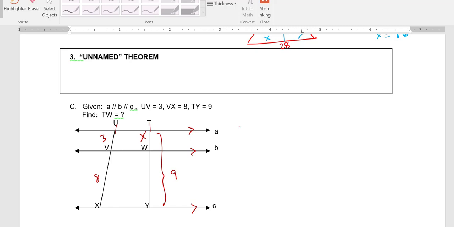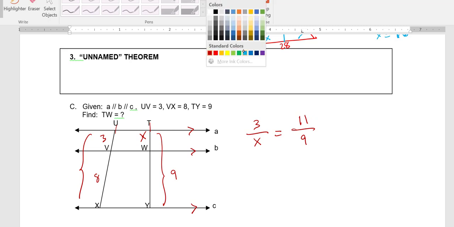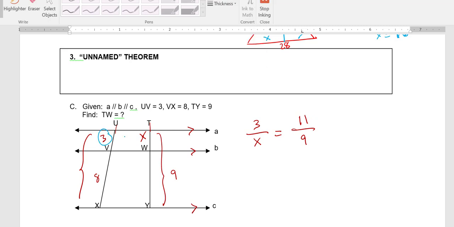And what I can do is 3 is to x as something is to 9, and it's going to be the entire length of this side. So it's going to be 11 is to 9. And basically, the way this sets up is I could do 3 is to x as 8 is to 9 minus x.